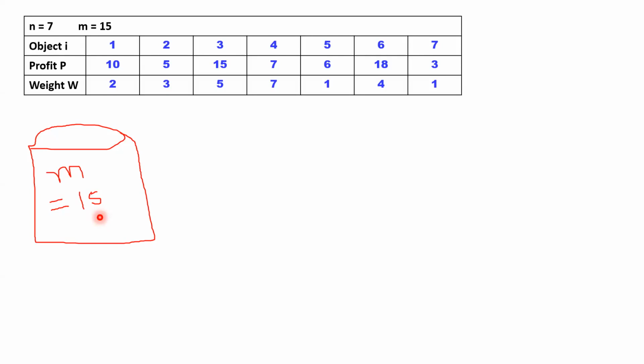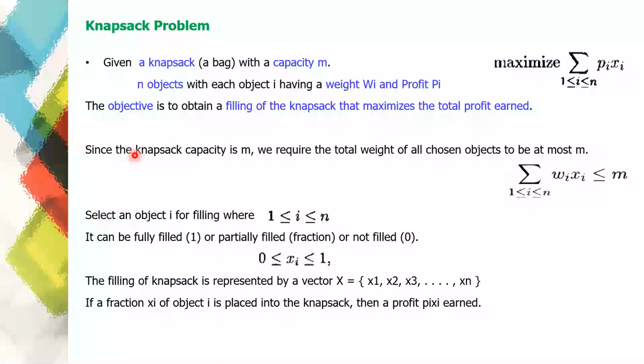The objective function is to fill the bag with objects such that the profit is maximum. So, you have been given a bag whose capacity is M. You will be given N number of objects where each object has a weight and it has a profit.